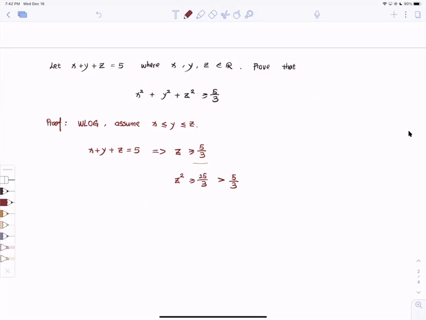So, what did I write? Oh yeah. So since also x squared is greater than or equal to 0, y squared is greater than or equal to 0, we'll get x squared plus y squared plus z squared is greater than or equal to 5 over 3.